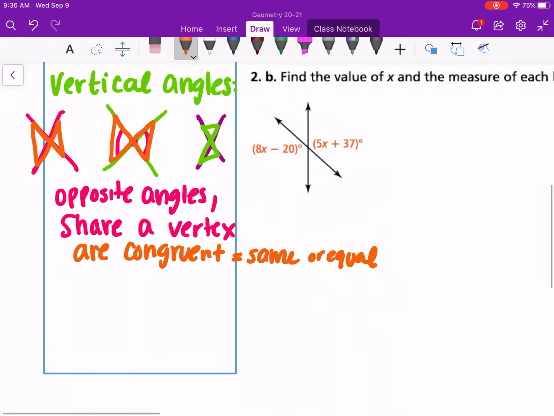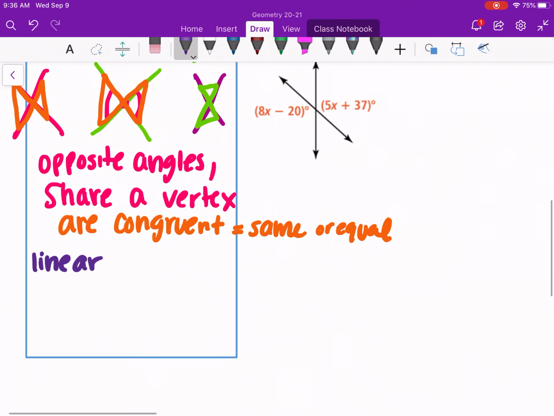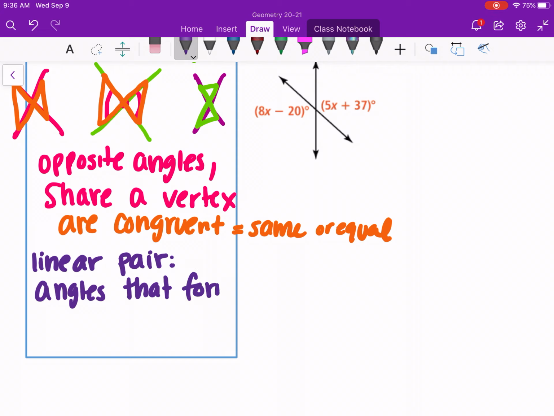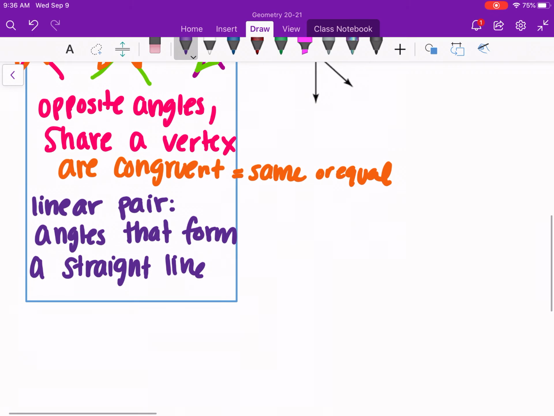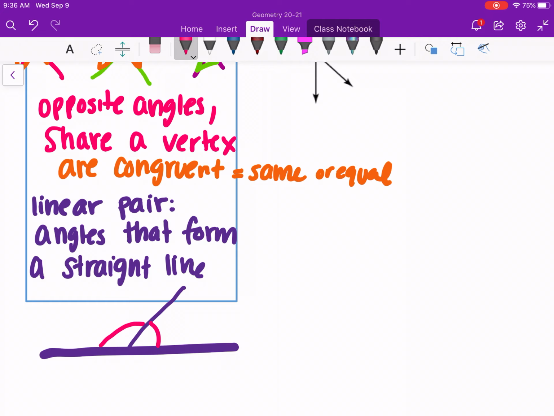And then lastly, I know I'm kind of running out of room down here. I was writing too big. We have a linear pair. Linear pair are angles that form a straight line. So any angles that come together to form a straight line, such as two angles like this, where this is one angle and this is the other angle, those are a linear pair.